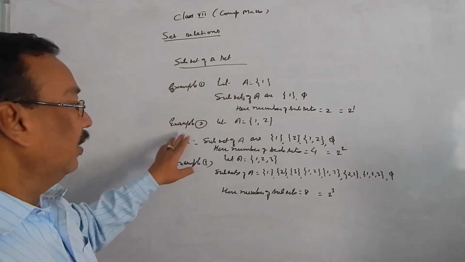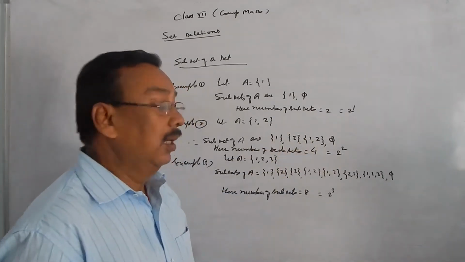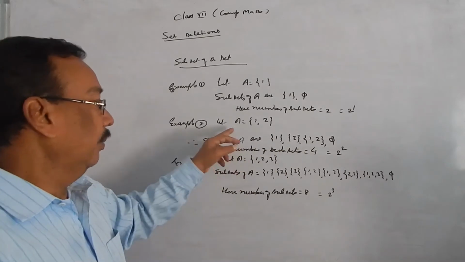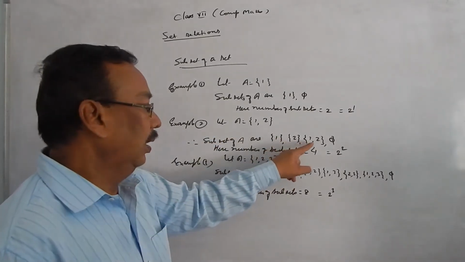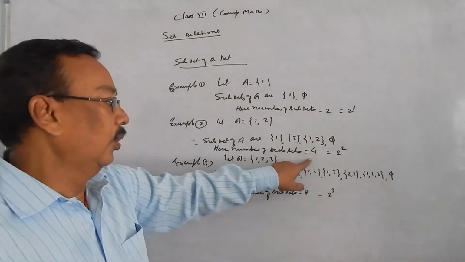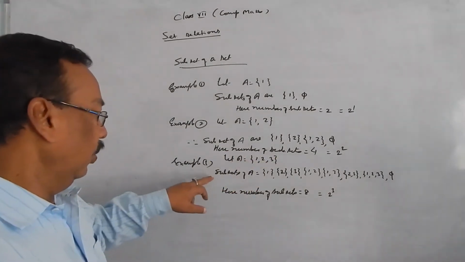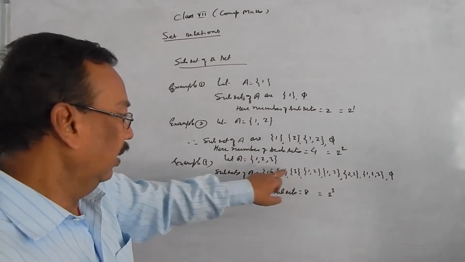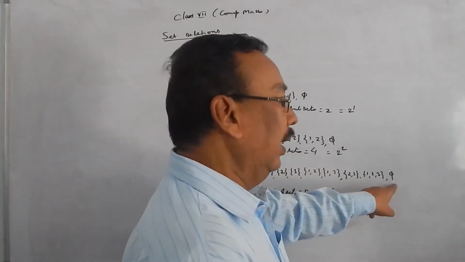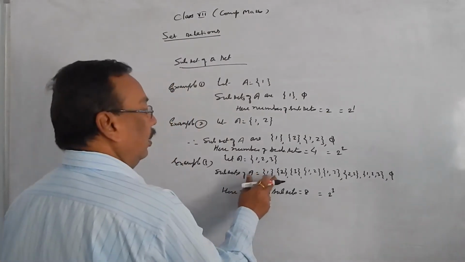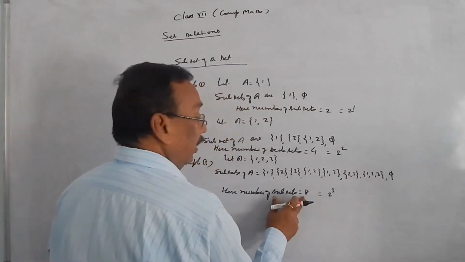We write the subsets of A: {1}, {2}, {1, 2} and phi. Another cannot be written from these two elements. So 1, 2, 3, 4. Number of subsets is 4, which is 2 squared. Now we take three elements: {1}, {2}, {3}, {1, 2}, {1, 3}, {2, 3}, {1, 2, 3} and phi. If we count 1, 2, 3, 4, 5, 6, 7, 8, there are 8, which is 2 to the power 3.